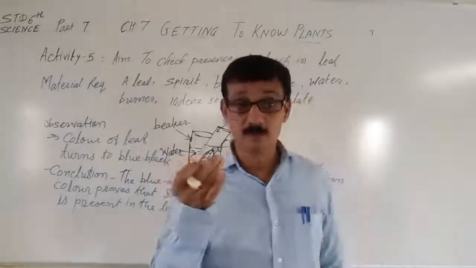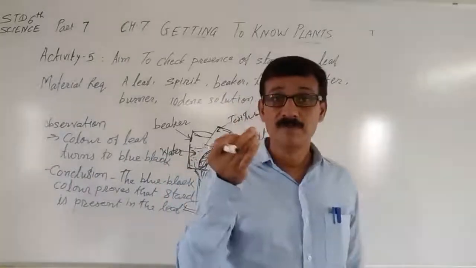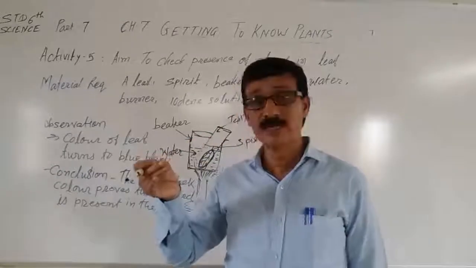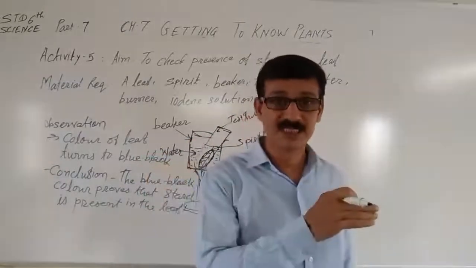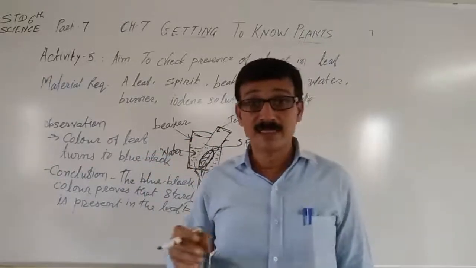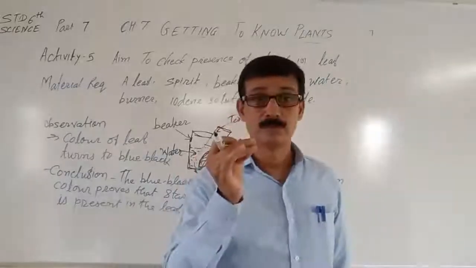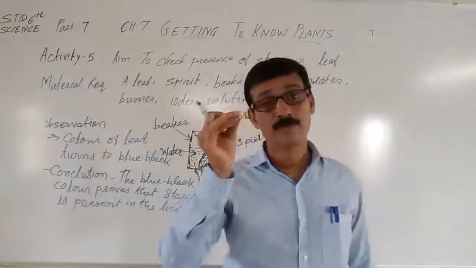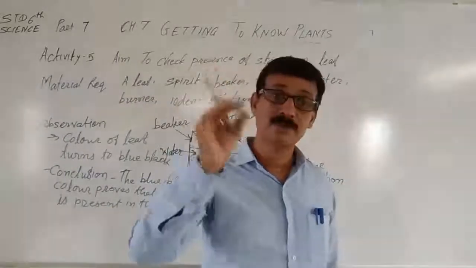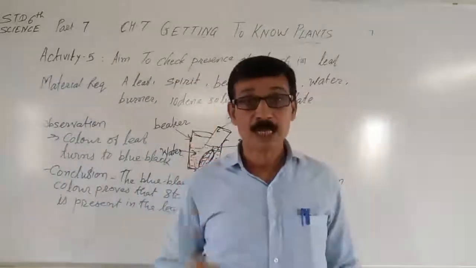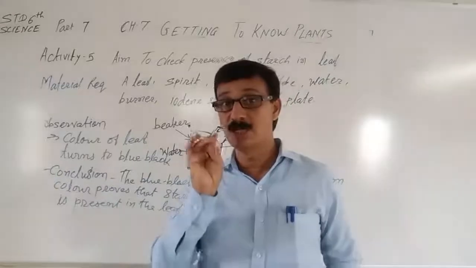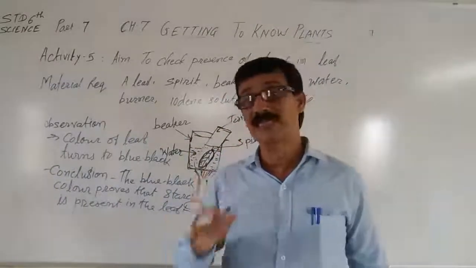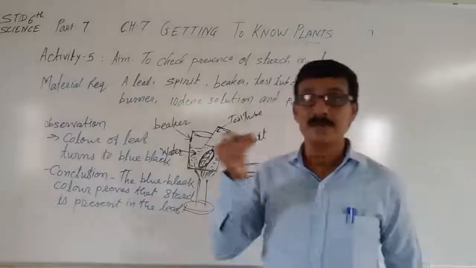With the help of water, leaves prepare food, and water is also required for transpiration. That is why water is sent from the root to the leaves via the stem. So now we must understand what is the role of the root. We will discuss this in the next part.